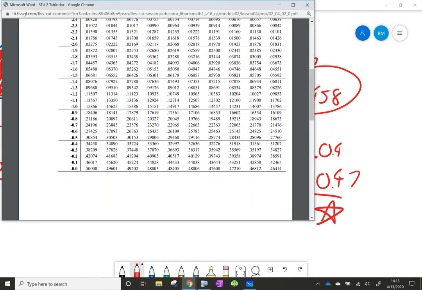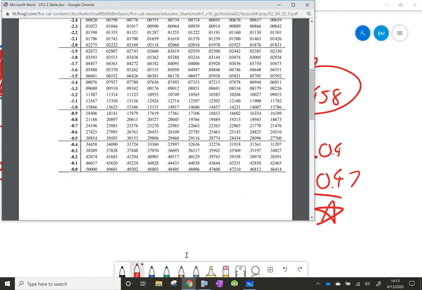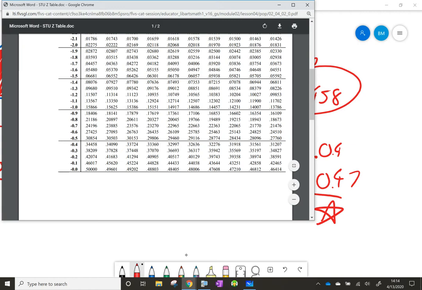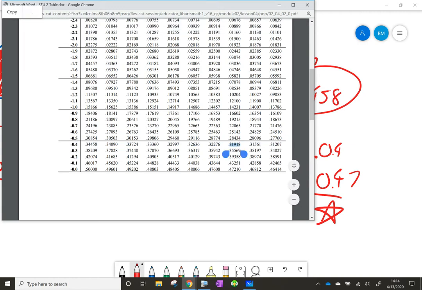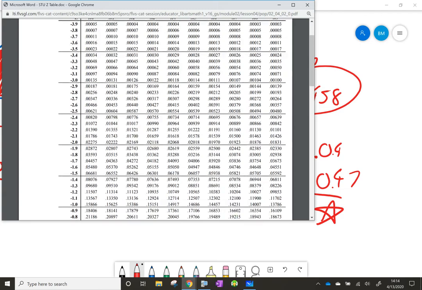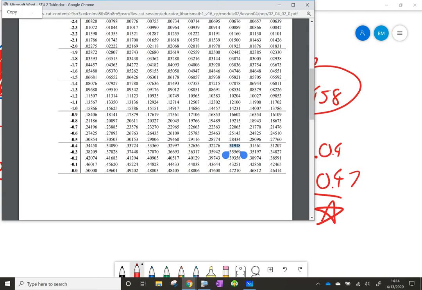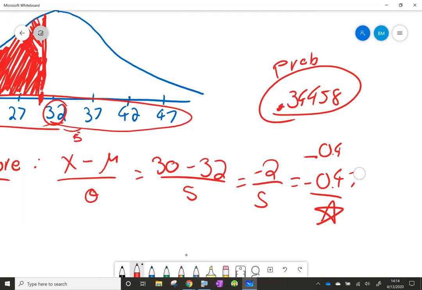You're looking for where those two meet. That row meets that column at 0.31918, because that's where the row of negative 0.4 and 0.07 meets. So that's if the z-score was negative 0.47. I just wanted to show you that in case you needed to read it.